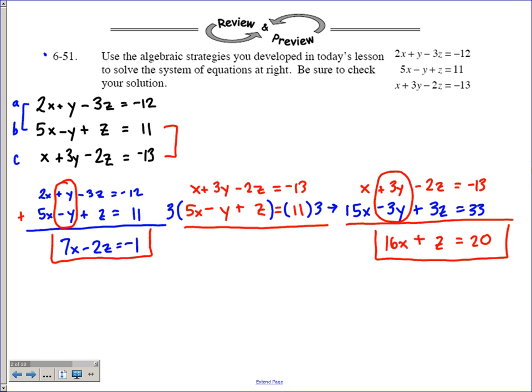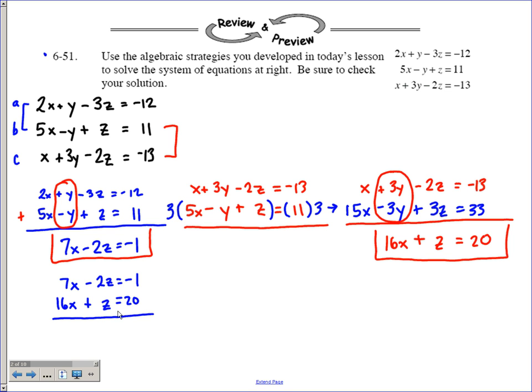I'm going to take these two equations now and use them to figure out the values of x and z. So if I took this one here and I moved it over, 7x minus 2z equals negative 1, and then I've got 16x plus z equals 20.